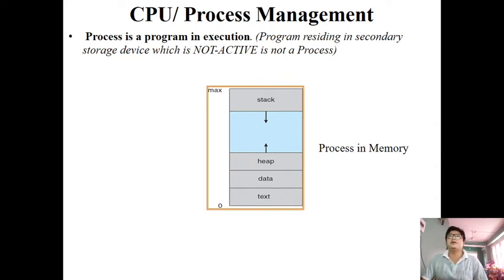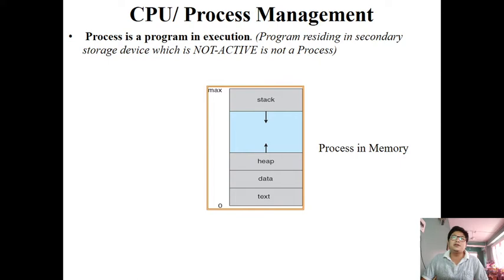But here we are to understand CPU or process management. So anything that is to be executed has to be first brought to the computer memory so that the CPU can be given to it. A saved program, meaning a .c program, or the compiled program a.out, all those kinds of programs are stored in the secondary memory, and as and when you give the execution command, it will be brought from the secondary storage device to the primary memory.